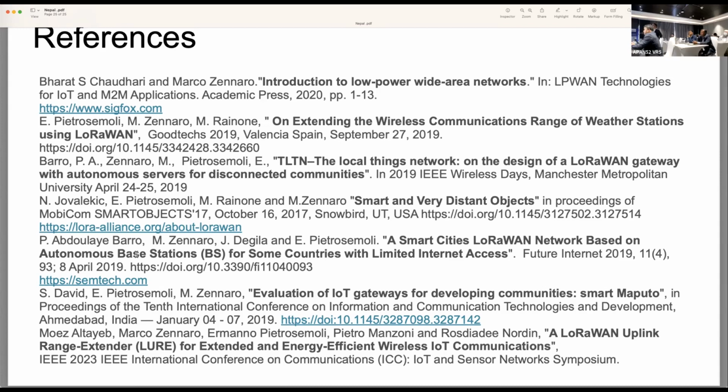The LoRa Alliance is now addressing this field with a technology called repeater, which they have already approved, but it's still not available. The difference is that in order to apply this protocol, you need to modify the end node and you need to modify the gateway. So it will be good for new installations, but it will not help in existing installations.